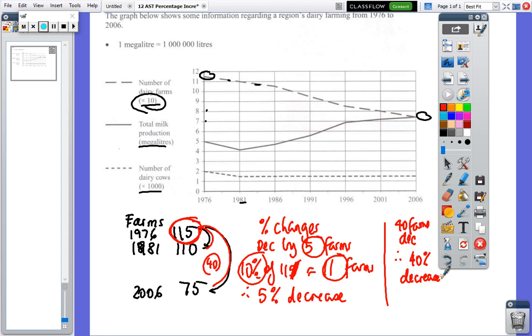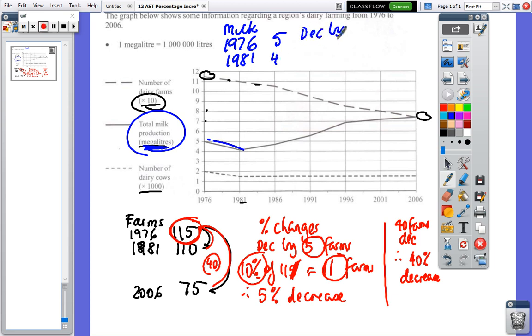Okay, so let's have a look at milk production. Don't worry that it's in megalitres, we'll just look at the numbers. In 1976 it started at 5, and in 1981 it went down to 4, so it decreased by 1 megalitre.